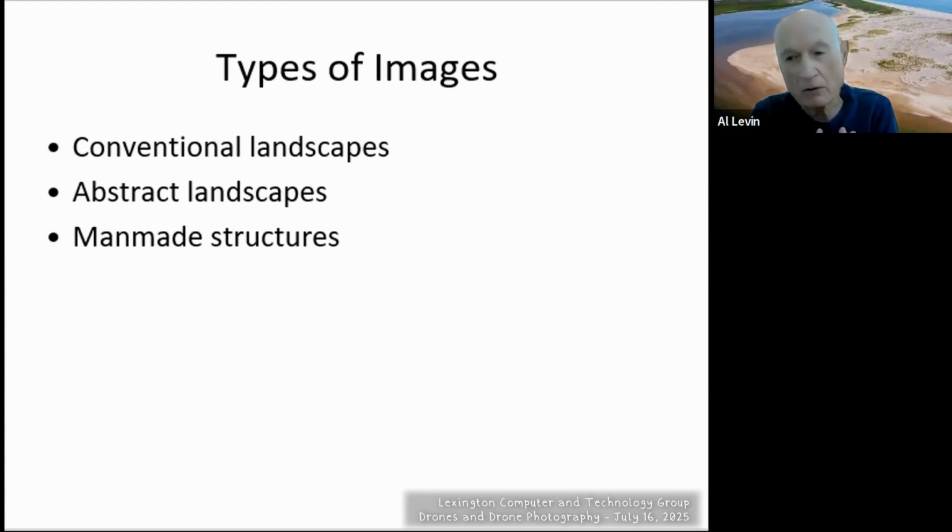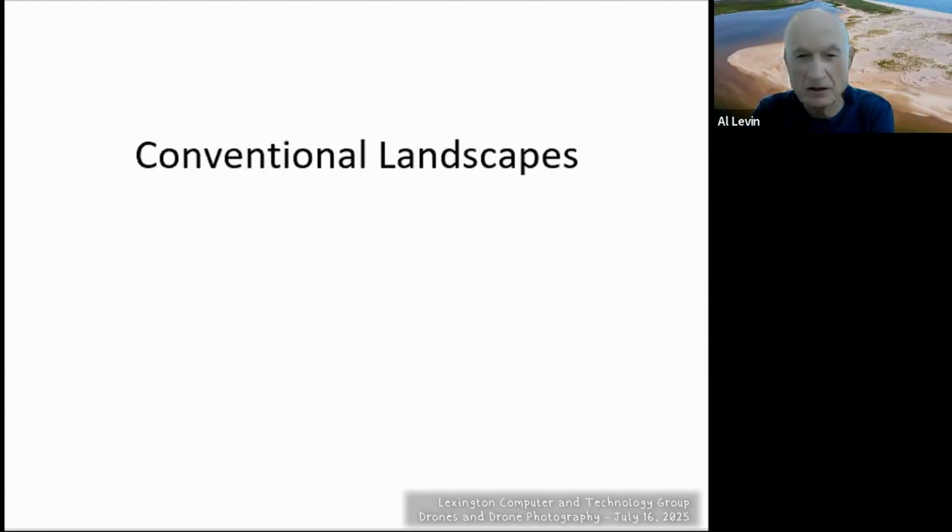And then what I call abstract landscapes, which are pictures of the earth, natural pictures, but a little hard to appreciate that they're really landscapes. And they're my favorite. And then man-made structures, which will be pretty obvious. So we'll start with conventional landscapes.